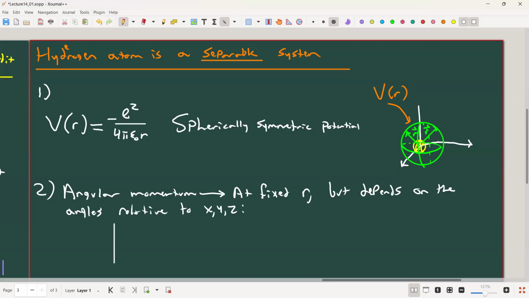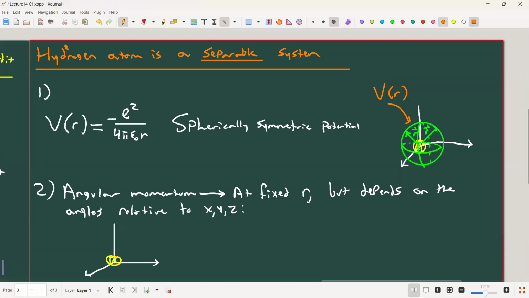We have an electron at some distance from the proton. There's my electron in purple. And that electron's position at a given R, distance R in orange, depends on the angles it makes with the axis system.